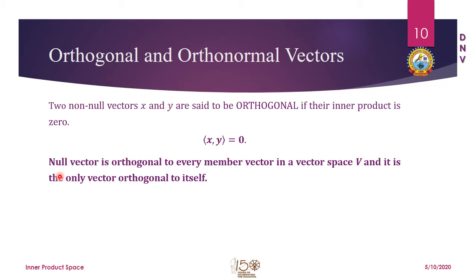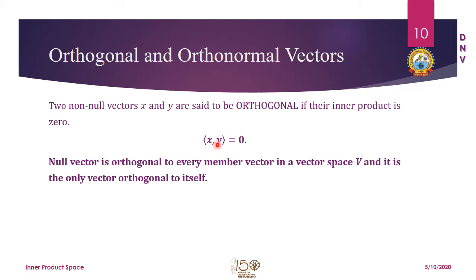It is very interesting to note that the null vector is orthogonal to every member vector in a vector space V, because when we take the inner product of 0 with any vector y, or of 0 with x, it always comes out to be 0. So the null vector is orthogonal to every member vector in the vector space, and it is the only vector which is orthogonal to itself.